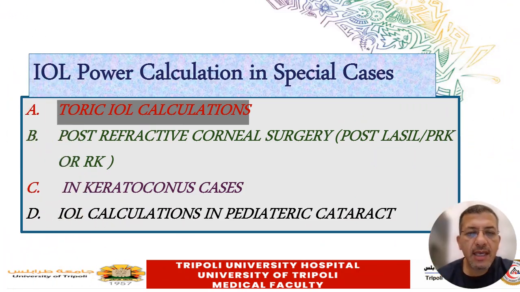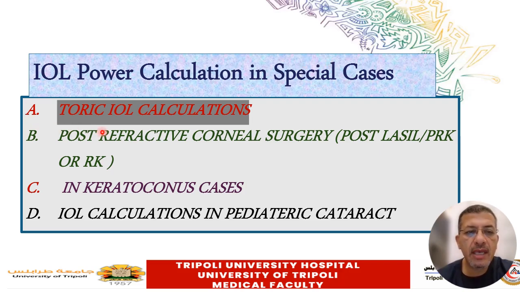Now we come to the last session of this lecture, which is the IOL power calculation in special cases. After we finish speaking about the normal cases with different axial lengths and all the generations of IOL formulas, and we make a summary of the indications and the differences between the different formulae, now I will speak in detail about special situations.